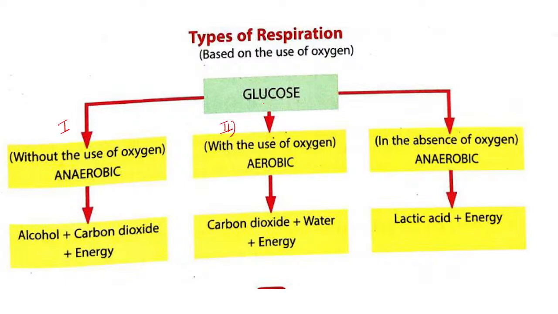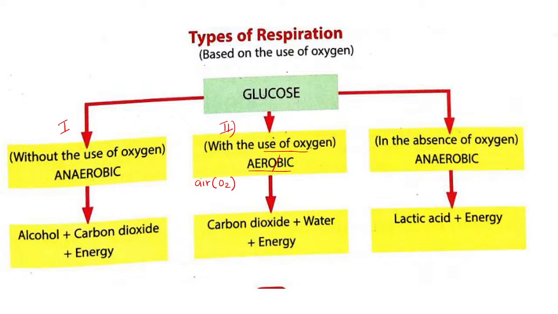If we break glucose using oxygen, we term it as aerobic. Here aero means air. Here when we are referring to air, we are talking about oxygen. So the respiration process in which oxygen is used to break down glucose is termed as aerobic respiration.